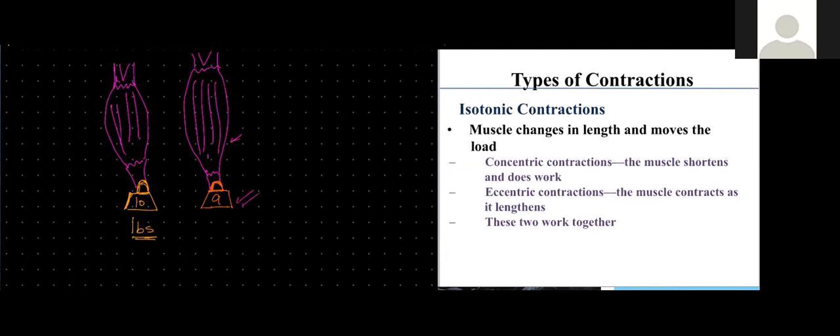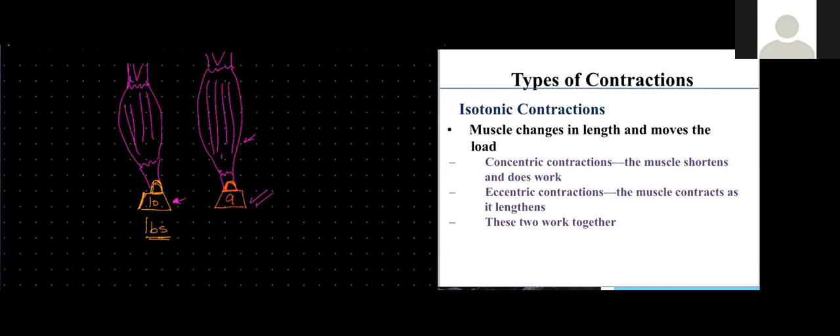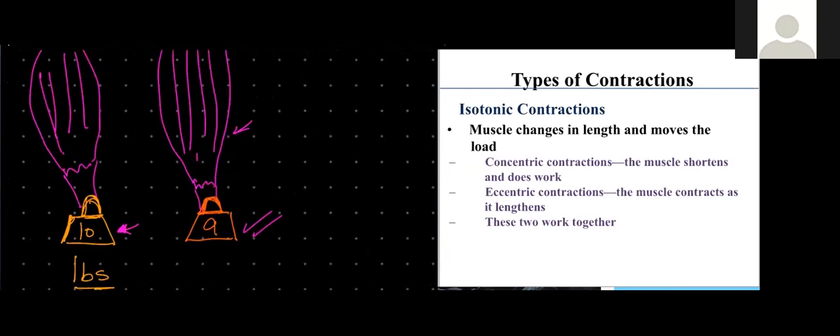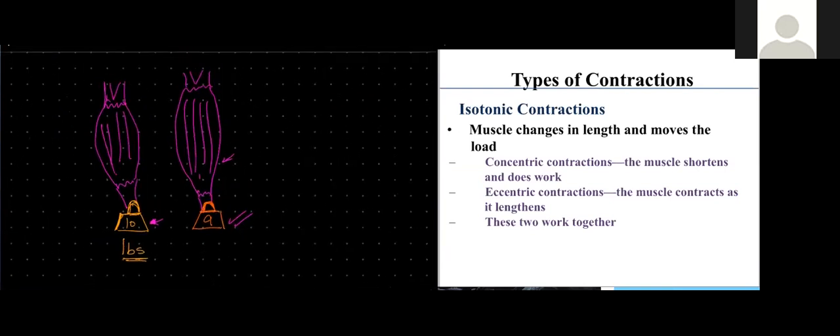So this is lower than the maximum load I can hold. What happens inside the muscle? The muscle length shortens. So the distance between the two points is going to be reduced between the origin and the insertion. So I have shortening in the length.